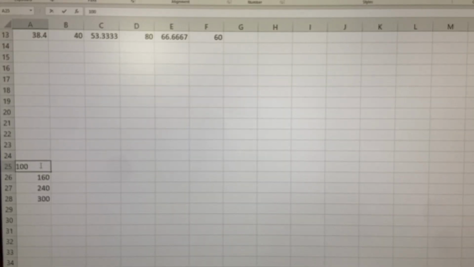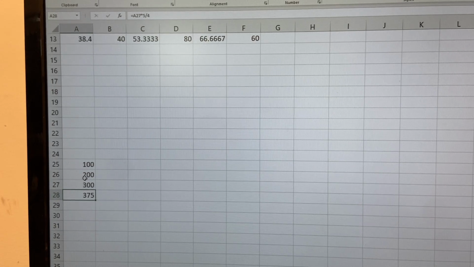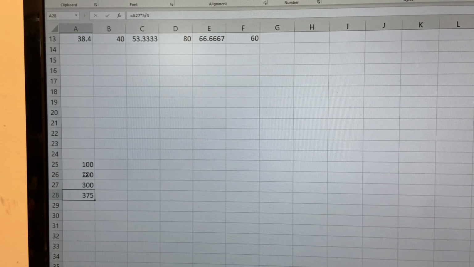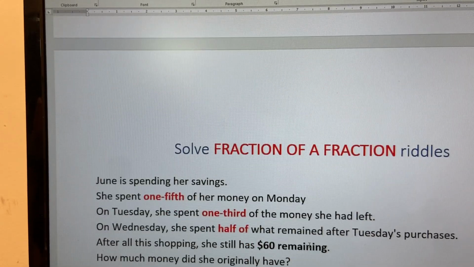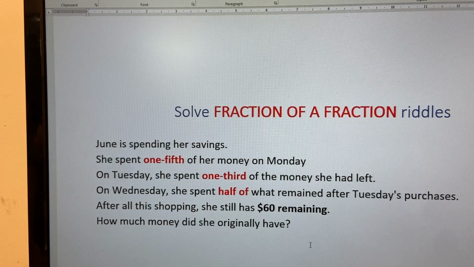If you have, after spending everything, on Wednesday $100 in your hand, bam, you must have started with $375 if the same amounts were spent, the same proportion, 1/5, 1/3, and half. If not, you can just modify the formulas in Excel and be done in seconds. So those are some approaches that work. That's how you deal with fractional problems. They need a little bit of thinking, but they can be done.